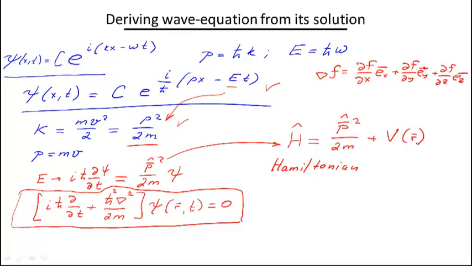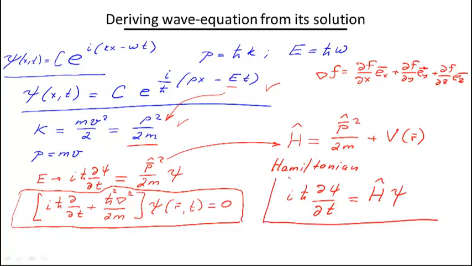And if I do so, and if I write the resulting equation as i h bar d psi over dt in the left hand side, and in the right hand side is H hat psi, this actually becomes the fundamental equation of quantum physics that appears on the logo of our course, and which quite amazingly contains just about all of non-relativistic, single particle physics, and it can be generalized also to describe many particle physics.